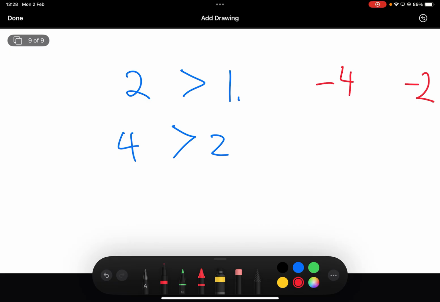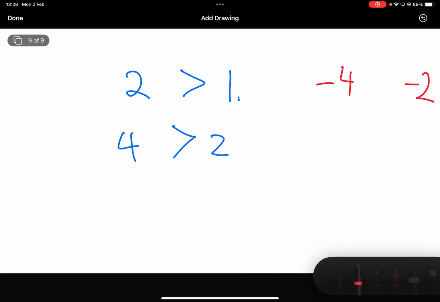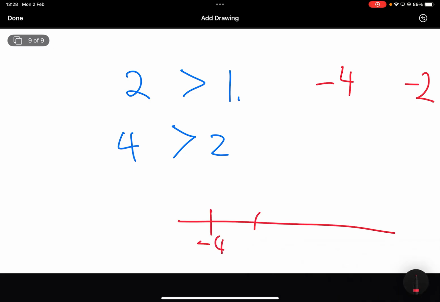So from 2 and 1, 2 was larger than 1. If I multiply both sides by negative 2, 2 times negative 2 becomes negative 4, 1 times negative 2 becomes negative 2. Now if I look again, which side is larger? So I have to go to a number line. Minus 4, minus 3, minus 2, minus 1, 0, 1, 2, 3.